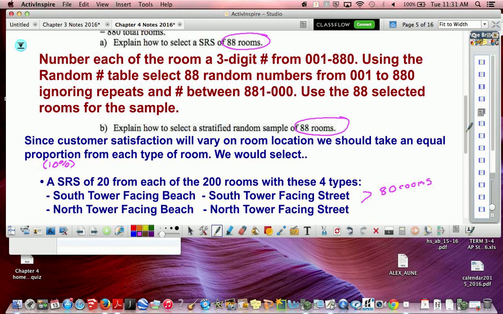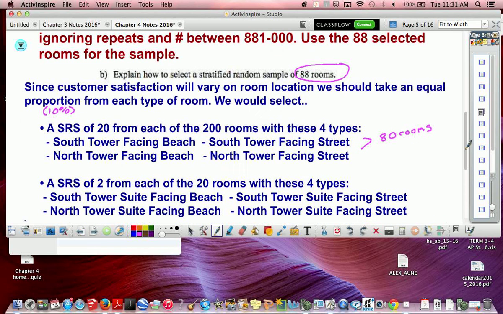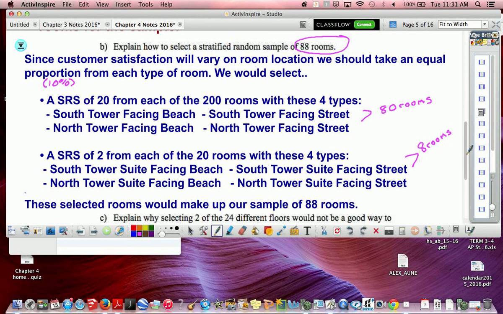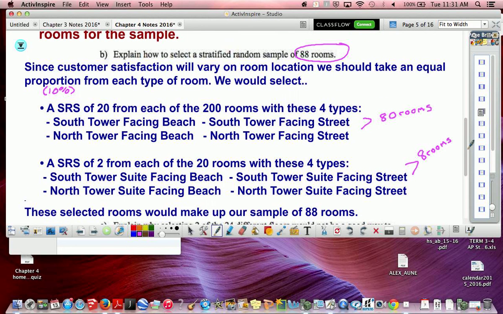I still need to get 8 more rooms. They're going to come from my suites. So I'm going to do a simple random sample of 2 from each of the 20 rooms with these types. So the south tower suite facing the beach, south tower suite facing the street, north tower suite facing the beach, north tower suite facing the street. This will give me 8 rooms. So then I will combine these 2 together to make up your sample of 88 rooms.